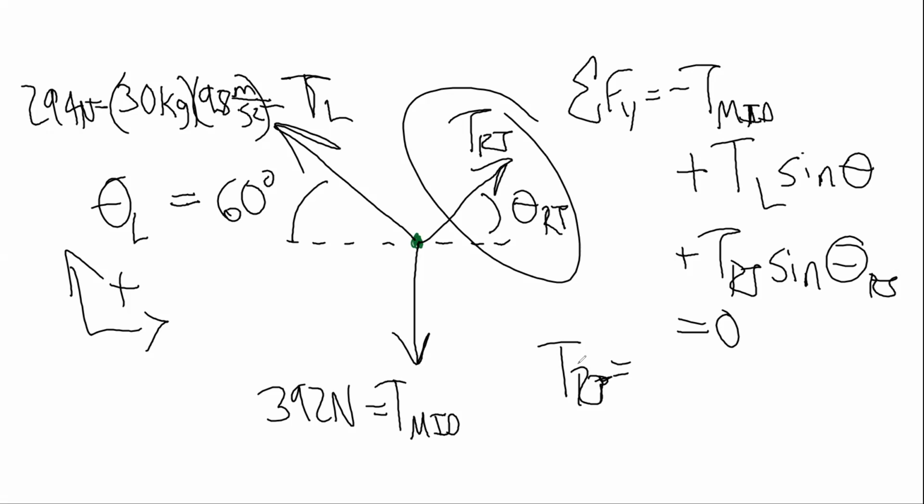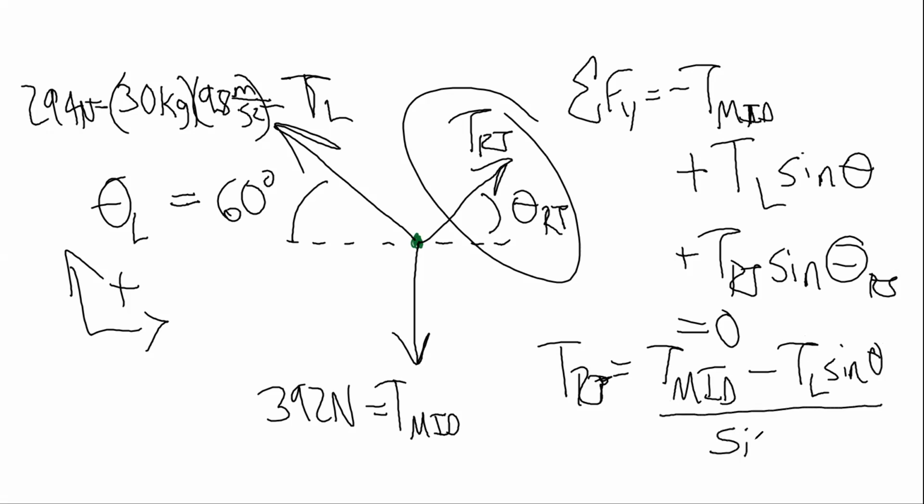Anyhow. So it gets like T mid minus TL sine theta divided by sine theta, right? It's something like that. That should be left. For consistency's sake. Great. And we know that we're not there yet because we don't know what theta RT is, right?